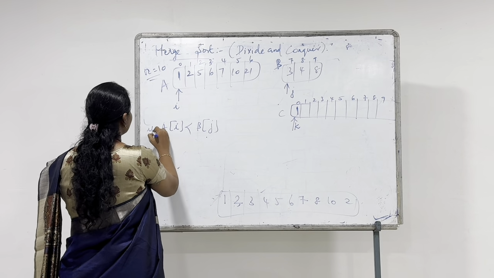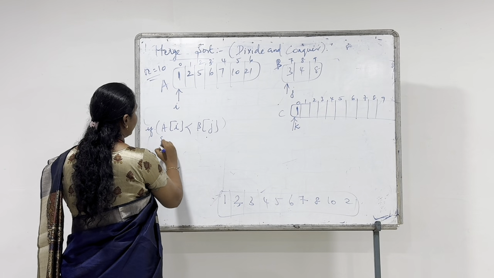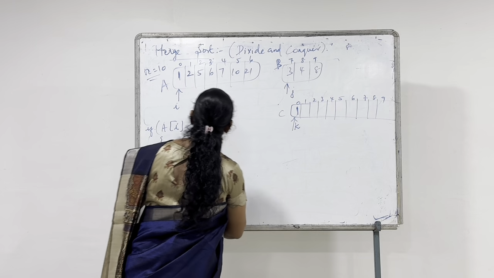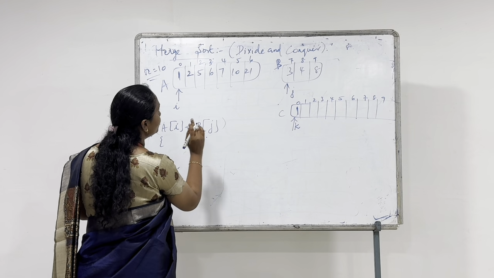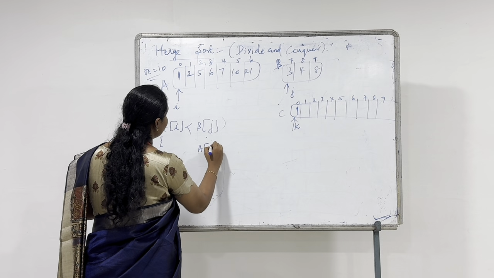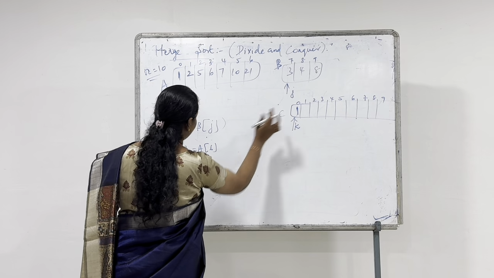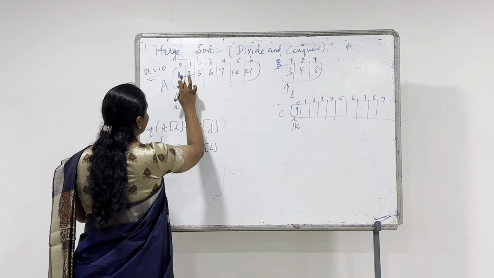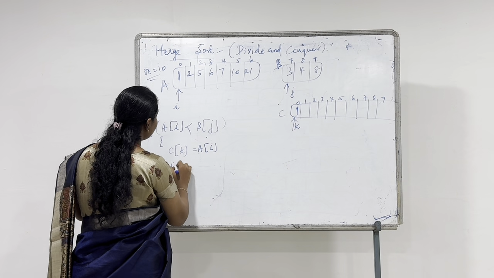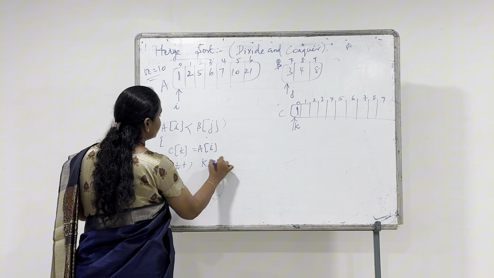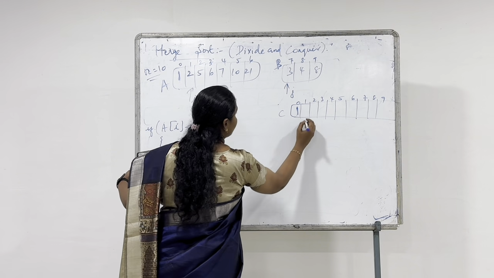So if A of I is less than B of J, move whatever is in A of I to C of K. This is the K index pointer. Then increment I and also K.